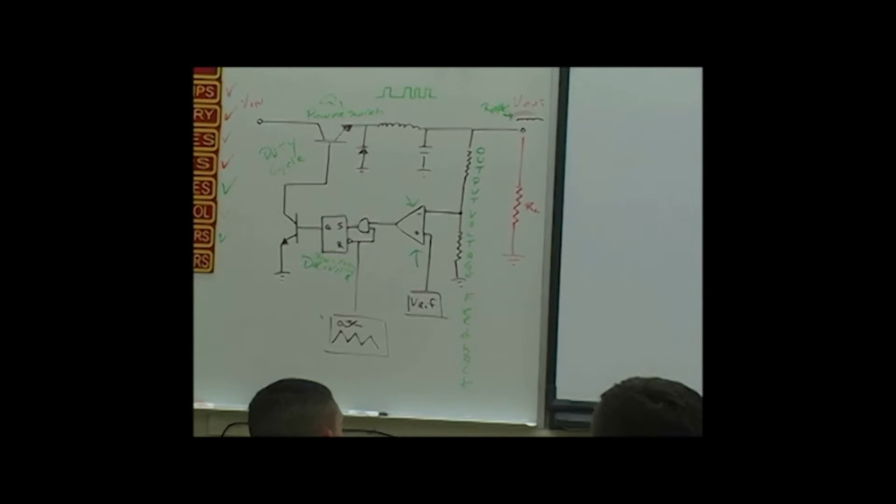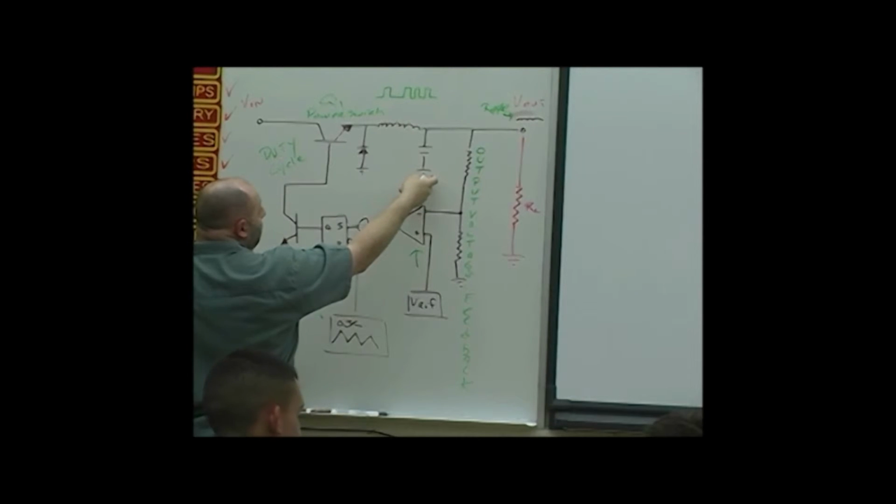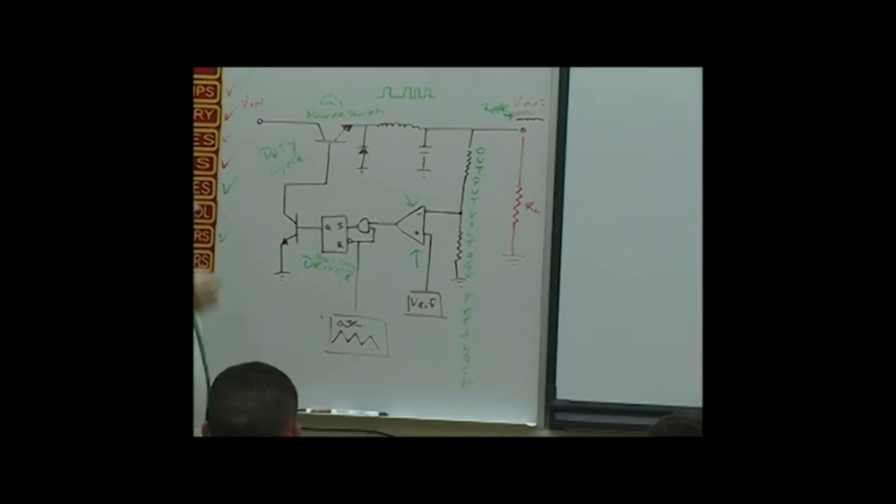The transistor has to switch faster, its duty cycle work harder. So if the level of output is low or decreases, the duty cycle has to increase to bring it back up.